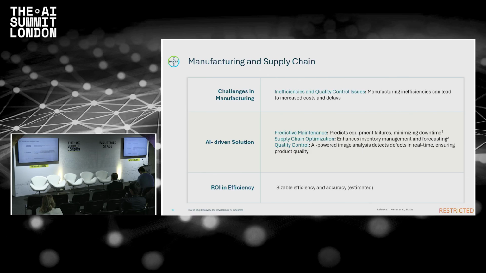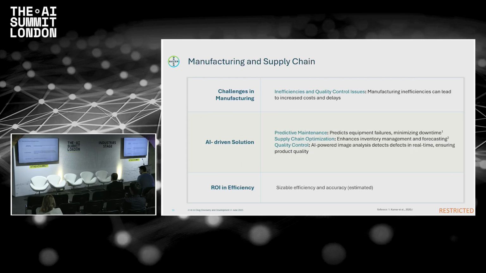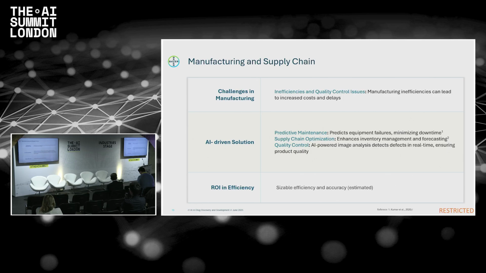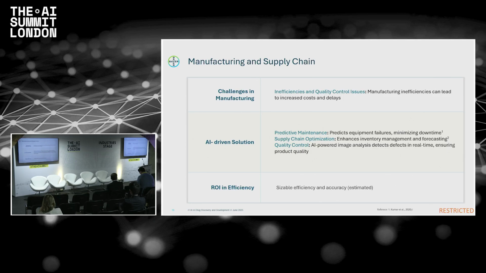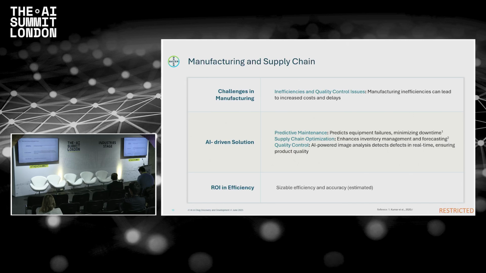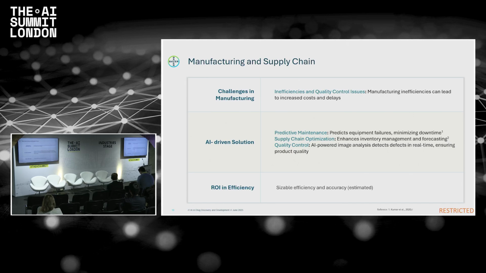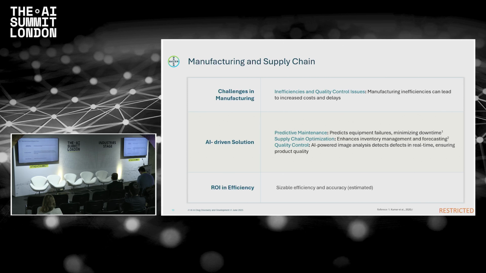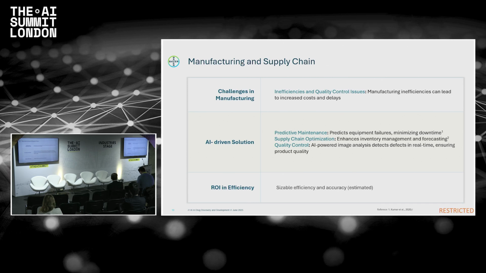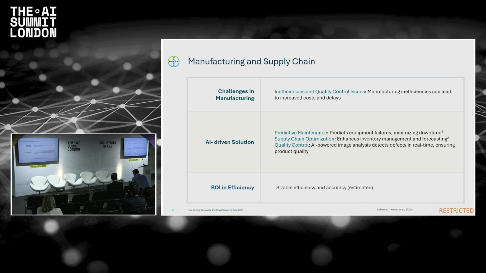We see inefficiencies and quality control issues across the industry, and we believe that AI can support us in predictive maintenance, predicting equipment failures, looking at the inventory, so basically supply chain optimization, and also quality control. Some AI-powered image analysis detects defects in real time in the production process. So these are the three areas where we see AI impacting the supply chain.